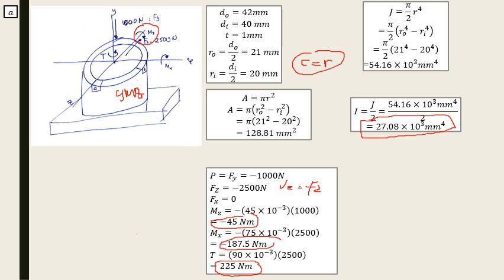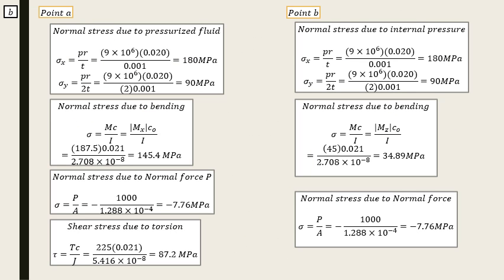Now we go to the next. For part B, we need to determine the normal stress and the shearing stress at point A and also point B. Note that the location at this point is point A, this is point B, with the Y, Z, and X directions.